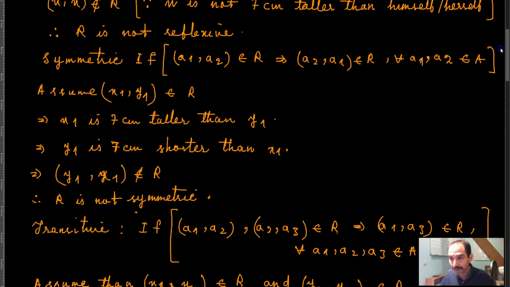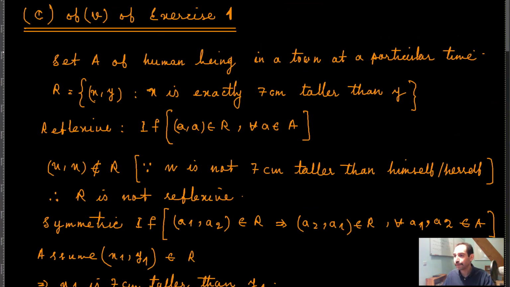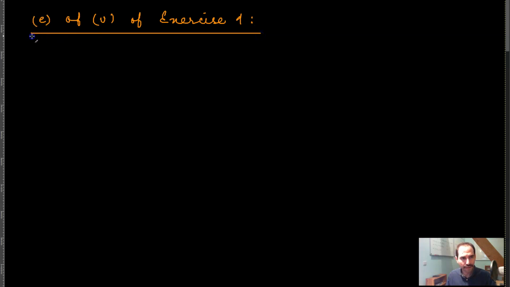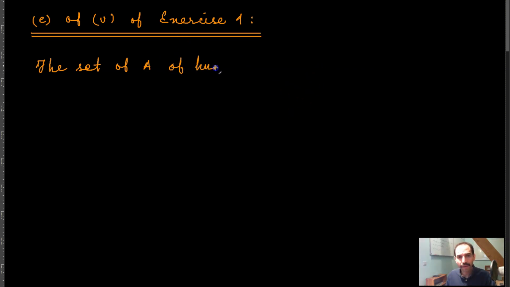So this is part E of the fifth part of exercise 1, where again we have the set A of human beings in a town at a particular time.